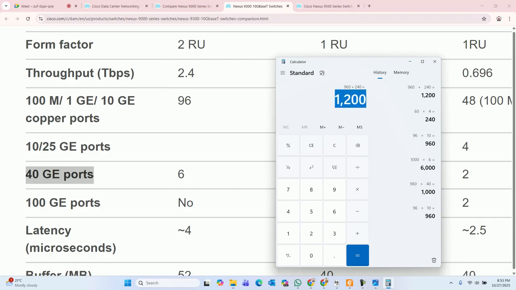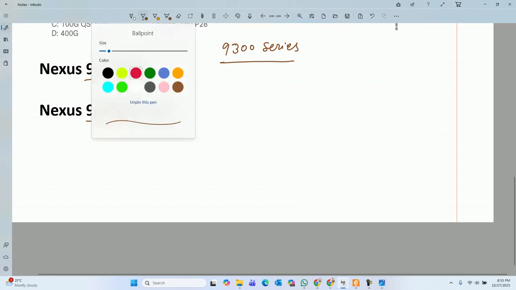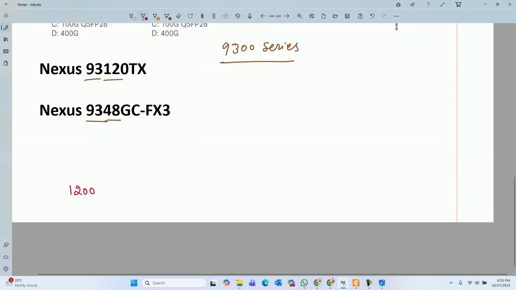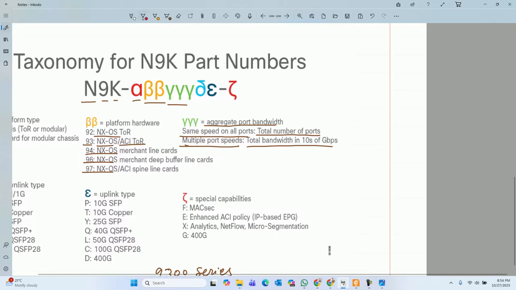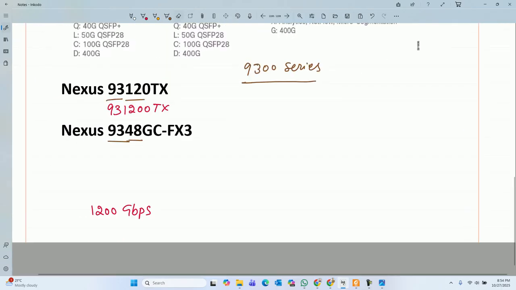It means this particular switch can give us a total throughput of 1200 Gbps. But you can't write it like 931200TX. So they kept it as a multiple of 10 Gbps, tens of Gbps. That's why instead of 1200 they are using 93120. It means this 120 is not representing the number of interfaces. It is representing the total bandwidth. Make sense, guys?